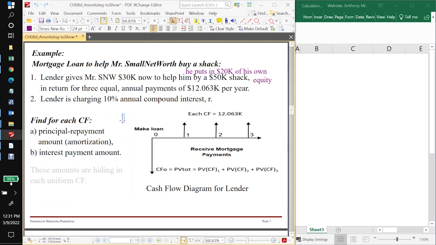That's called the amortization amount, and the interest payment amount. We're going to have to work a little bit like detectives here, because these amounts are hiding in the uniform cash flow amount of 12.063. So we want to extract out the pieces of this total payment.